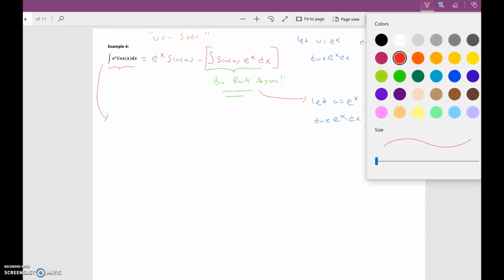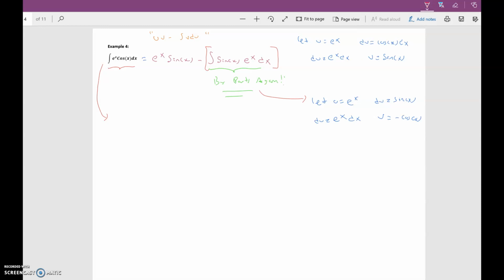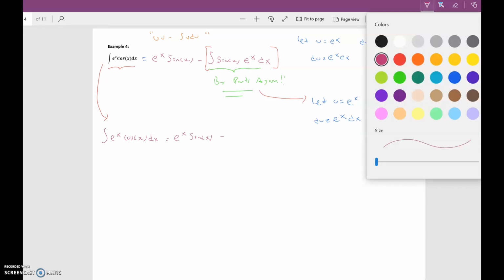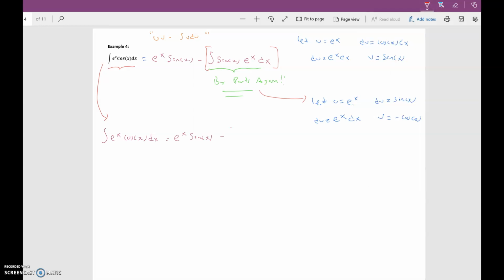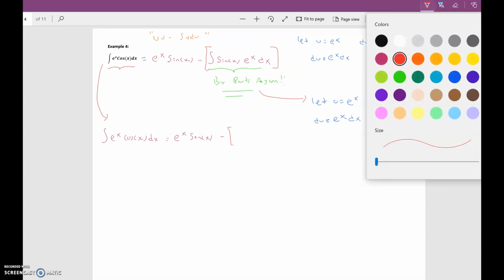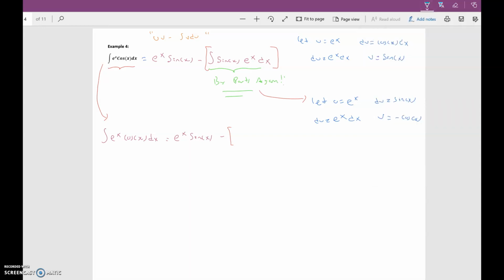I'll explain the cycling in a minute. So we technically still have the integral of e to the x cosine of x dx. This actually came out to be equal to e to the x sine of x minus, and we still have this portion to deal with. And then inside of this portion, we're still going to use the uv minus the integral of v du.